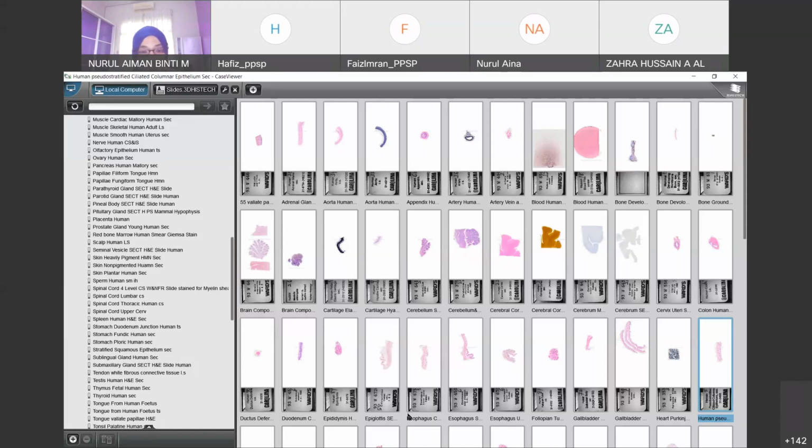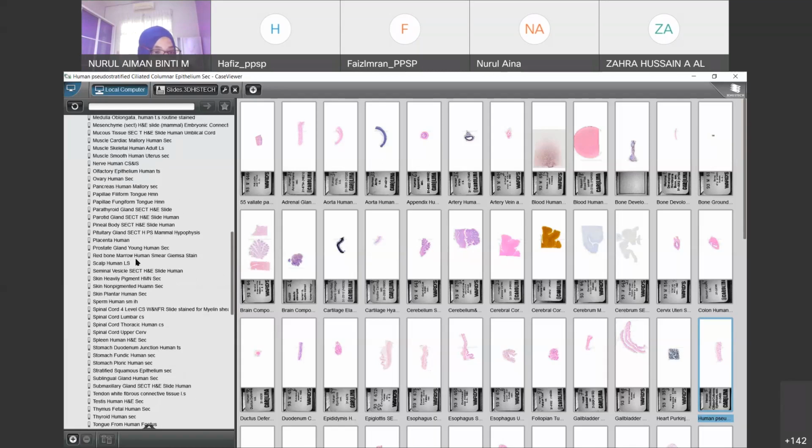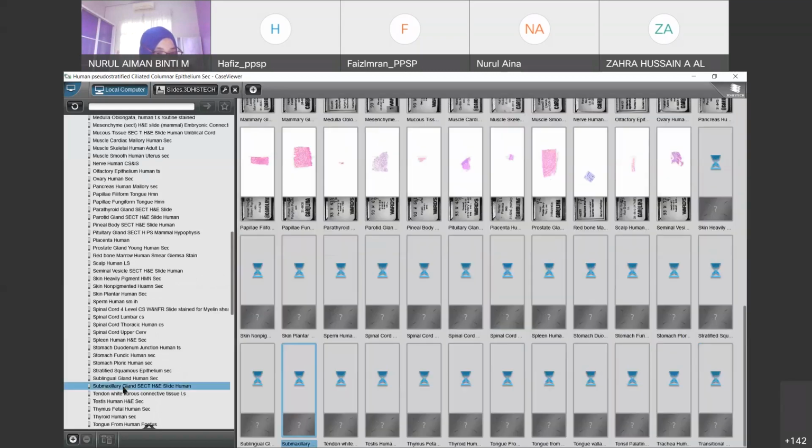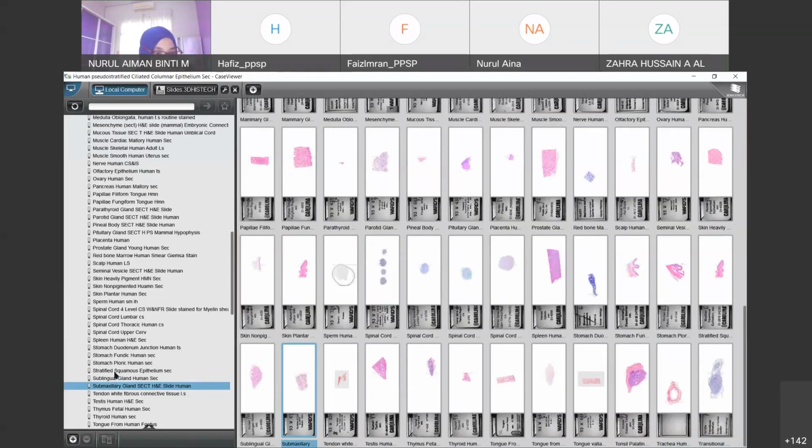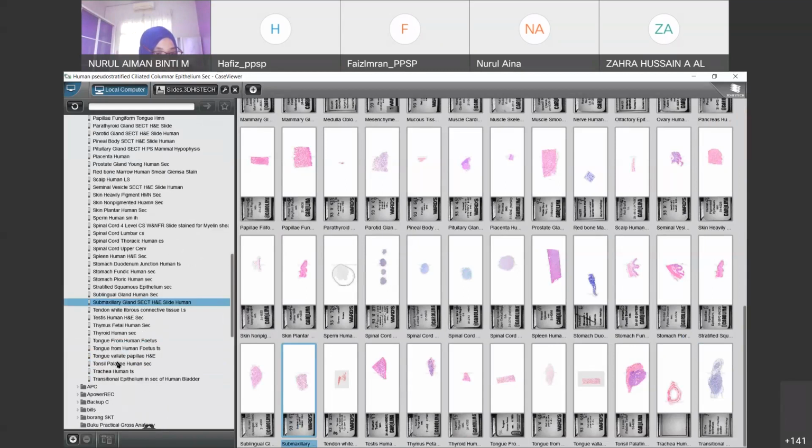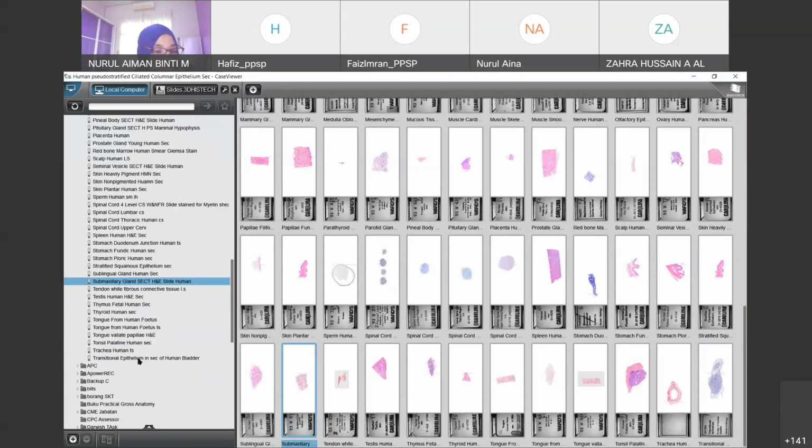Where is this tissue? I think we should go to submandibular gland. Submaxillary, sublingual, submandibular not available. Okay, we go towards the transitional epithelium first.